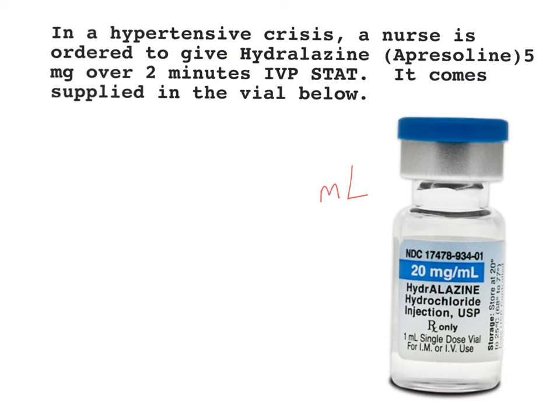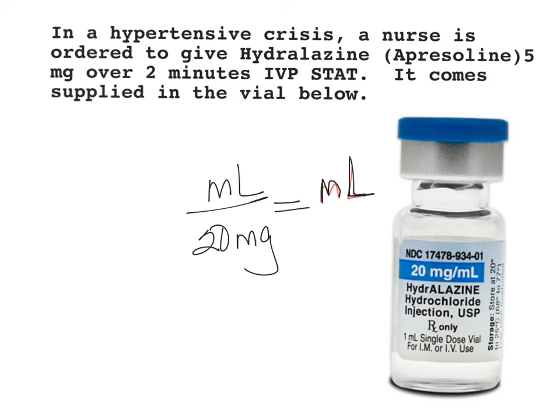We start where we hope to finish, right? So we know we need our mLs on top. If we have 20 milligrams per ml, our ml goes here, and since one thing equals another, our 20 milligrams goes here. It doesn't matter where we put the 20 milligrams. It can be on top or bottom, but because we want mLs at the end, we want our mLs on top for this problem.